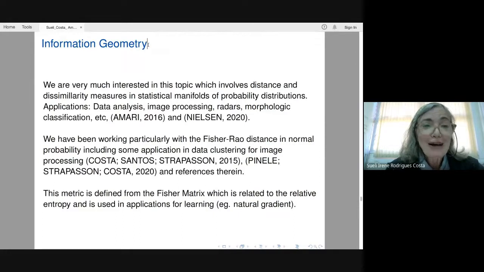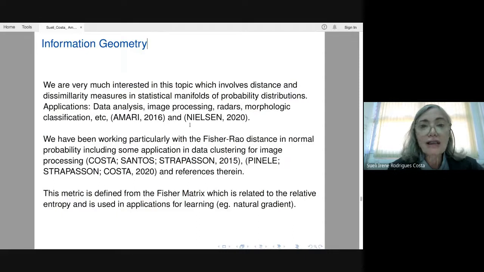We are very much interested in this topic, which involves distance and dissimilarity measures in statistical manifolds of probability distributions, right? Applications: we are going to talk about data analysis, image processing, radars, morphological classification.